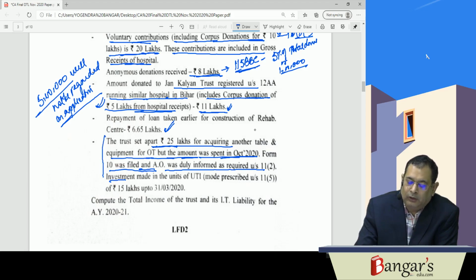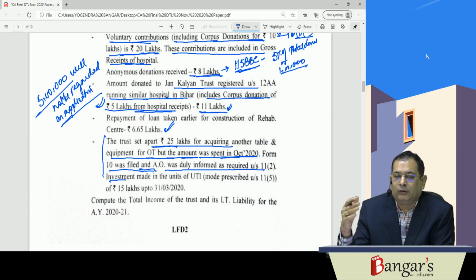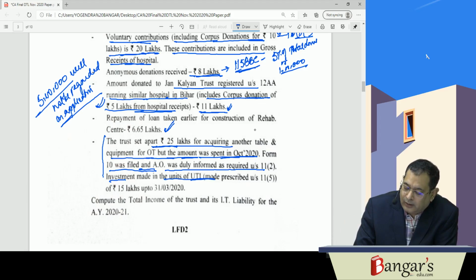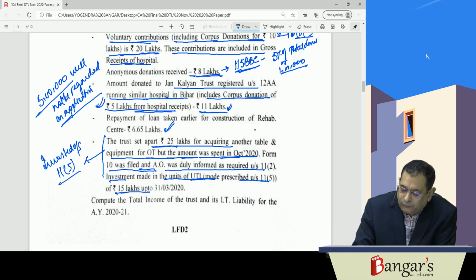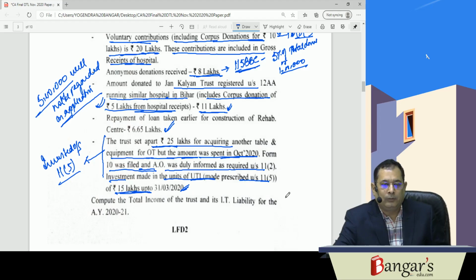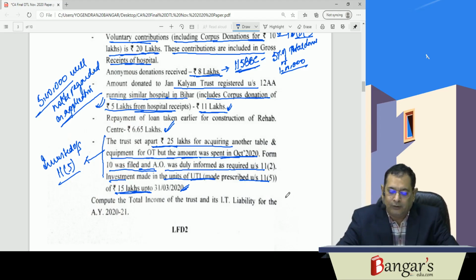So we can keep the investments under section 11, accumulation of more than 15% can be done as per the provisions of 11(2). But they are to be invested where? Under section 11(5) modes. So here only 15 lakhs has been invested in 11(5) modes. So 15 lakhs will be entitled for the benefit of the exemption.